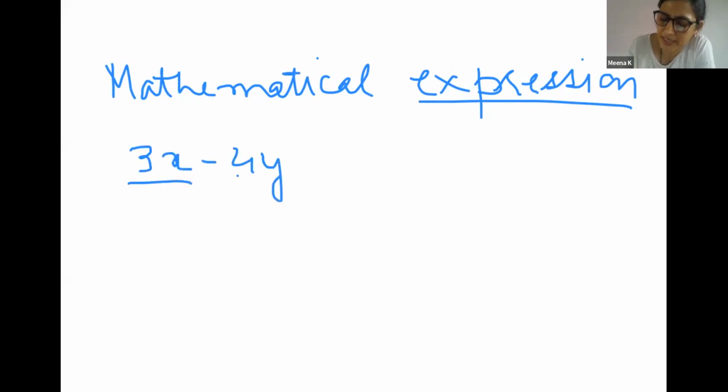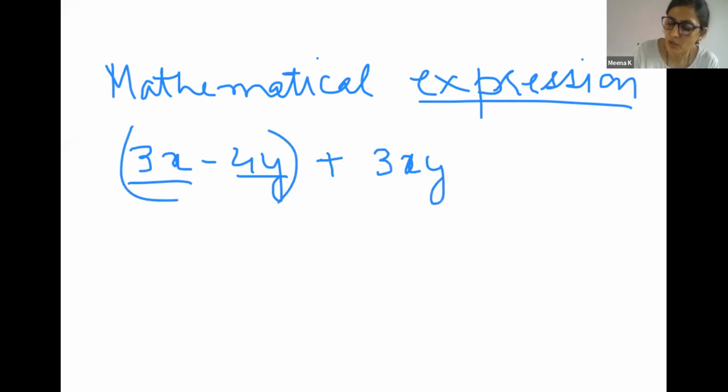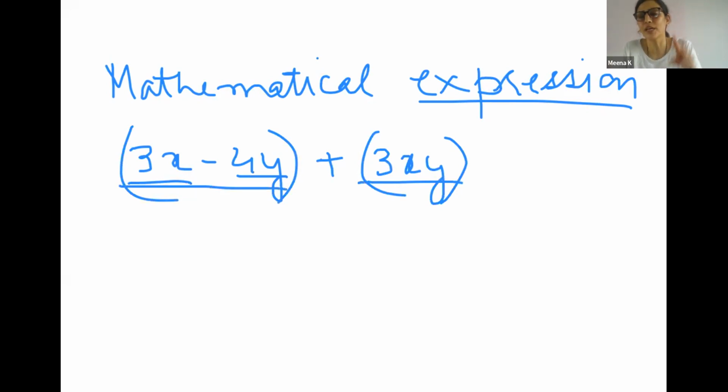So mathematical expressions containing one or more terms. It can have one or more terms, right? Plus 3xy, right? So I am having two terms here. Terms, children, what do you mean by terms? Do you remember? What are terms? Darshi is saying yes. So what are terms? This is one mathematical expression, this is another. So here we are dealing with two mathematical expressions, right?